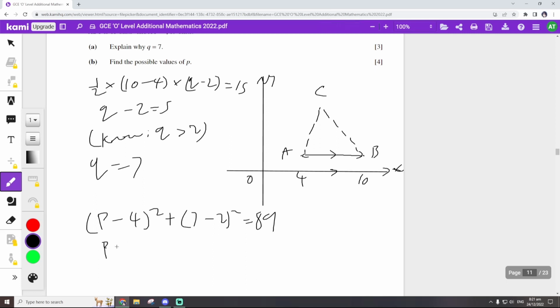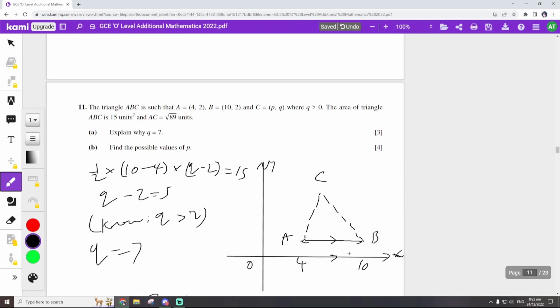So (p minus 4) squared is 89 minus 25, which is 64. So therefore p is 4 plus minus 8. p equals -4 or p equals 12. That's it. Don't know why they gave 4 marks.